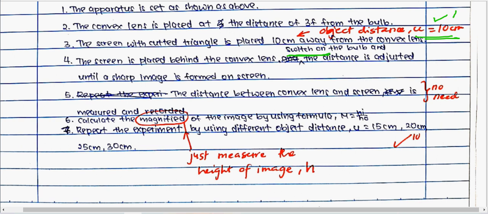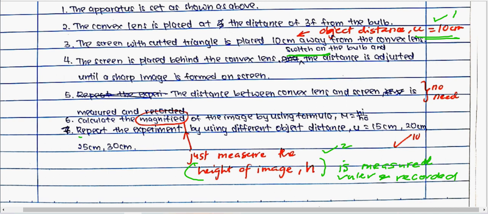Boleh tulis height of the image H, okay, is measured using ruler and recorded. Okay, measured using ruler. Meter rule pun boleh lah. Okay, biasa ruler. Okay, so that will be your mark number 2.